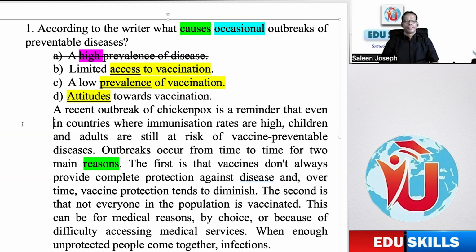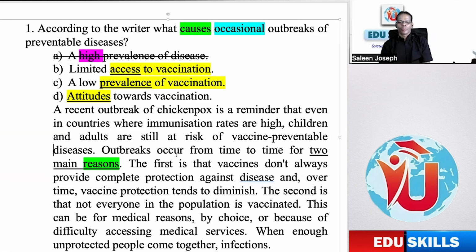Now, what could be the answer? You have to look for a reason. It speaks here about two main reasons, so the answer definitely comes after that, right? Not before that. Got it? You have to concentrate much more on what comes after reasons, because according to the writer, what causes or reasons are given for occasional outbreaks of preventable diseases.